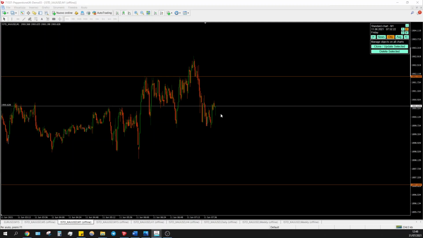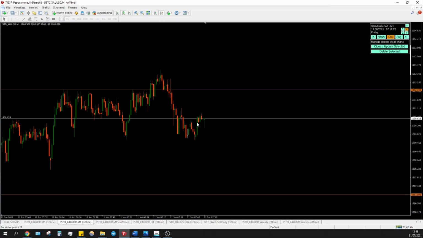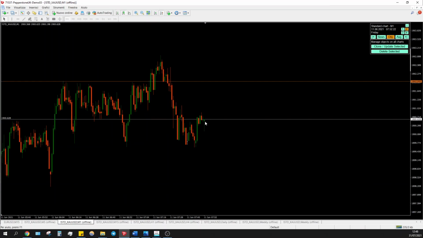Okay, so you see engulfing bullish candles. Let me zoom in for you guys. Engulfing, so we are not 100% sure that we are not going to revisit this previous key level.